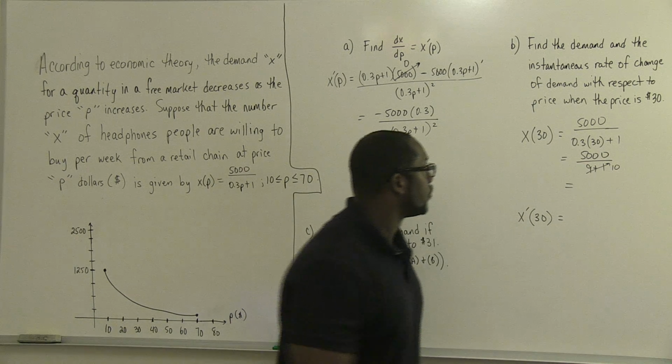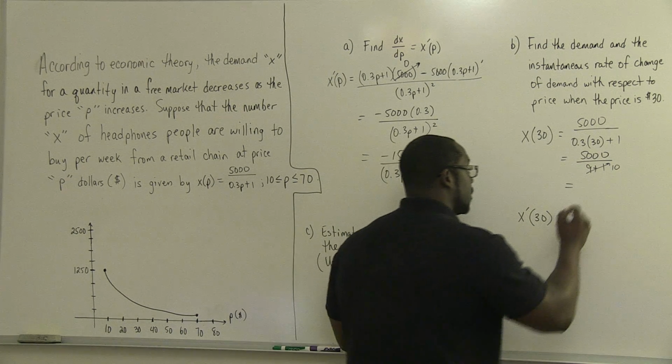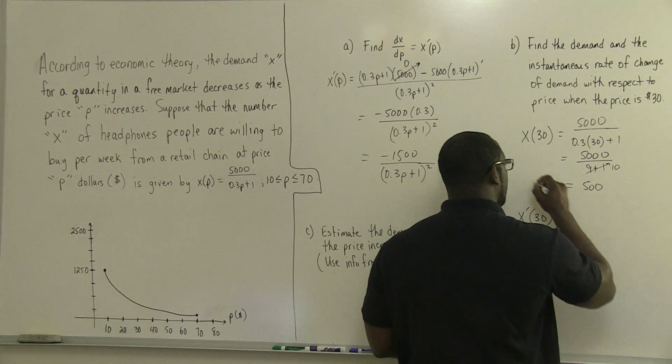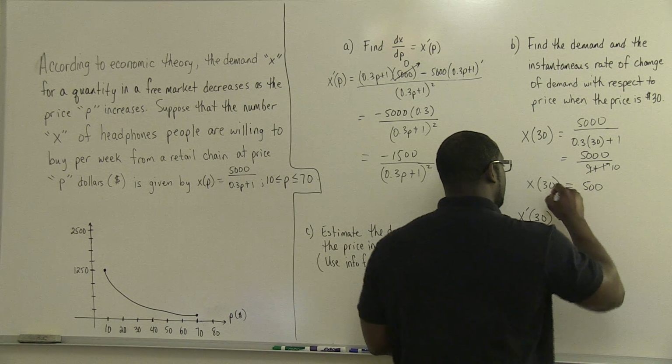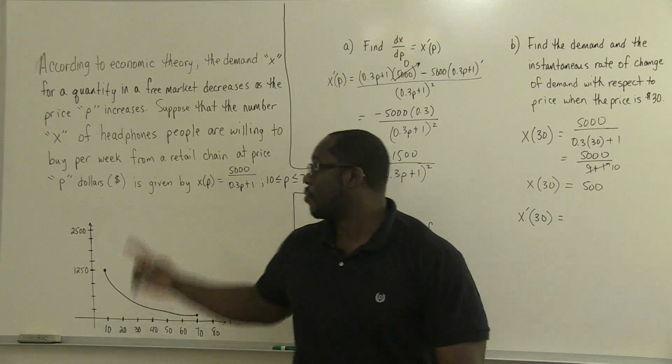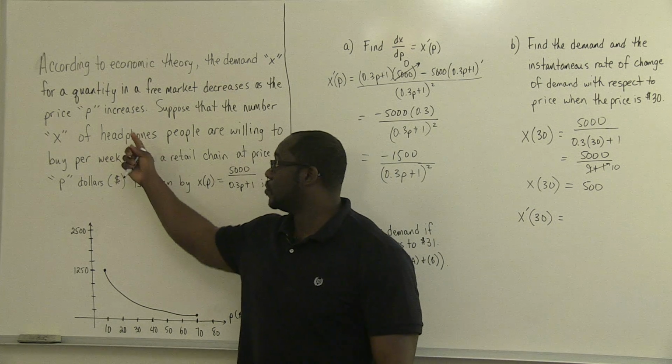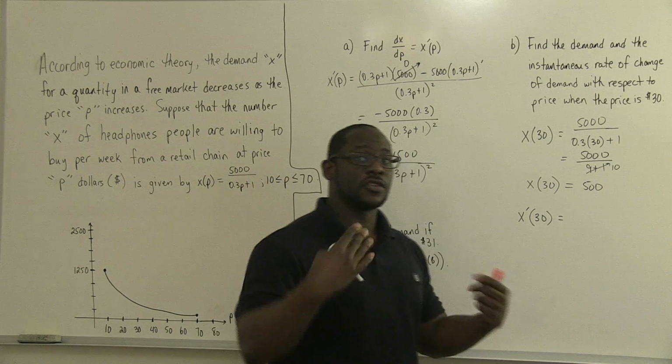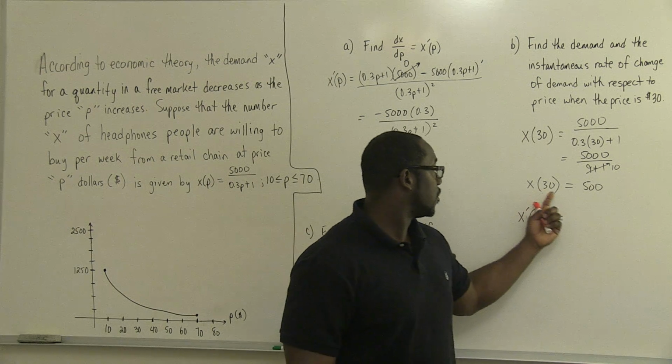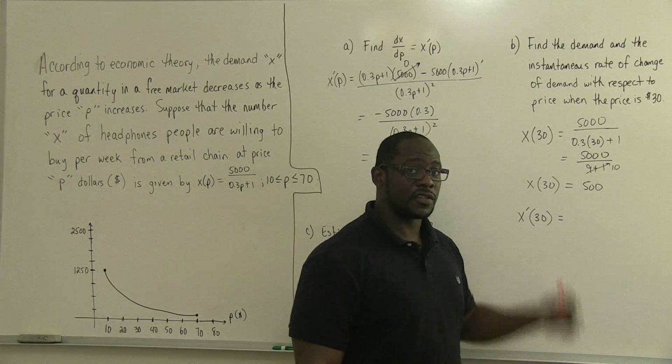And 5,000 divided by 10 is 500. So the quantity that our market is going to demand is 500 when the price is at $30.